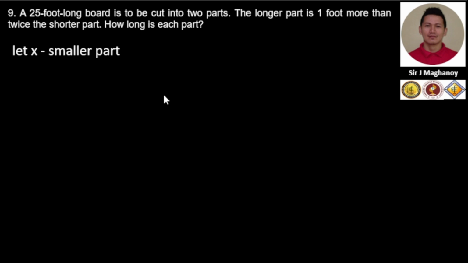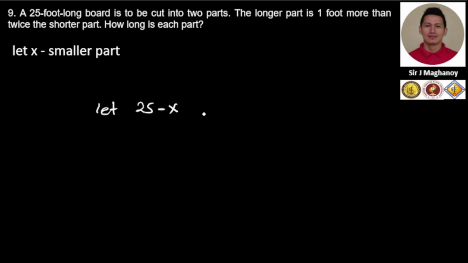And the 25-foot long board is to be cut into two parts. If we try to evaluate, it means that the difference of 25 feet and our smaller part is the longer part. So we let the difference of 25 and our smaller part x be the longer part.